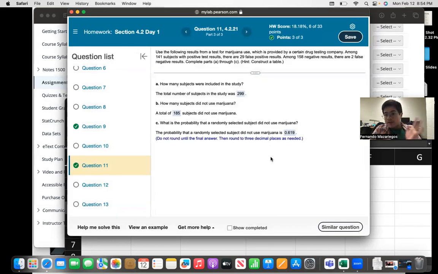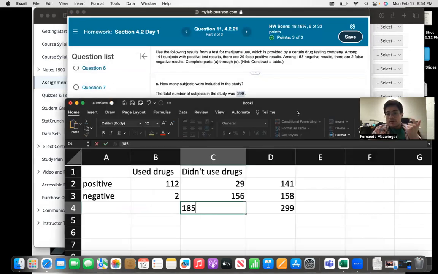So this is a simple table exercise. We're going to do a lot of these, but I wanted to show you how to construct these tables. We need to be careful whenever we have false positive and false negative test results and get them in the right position on the table.